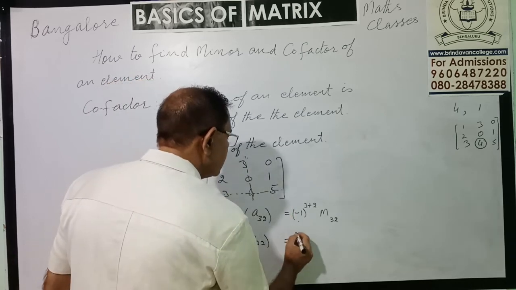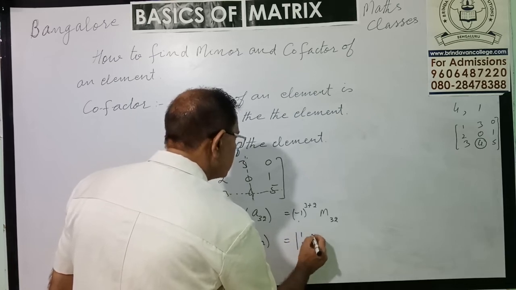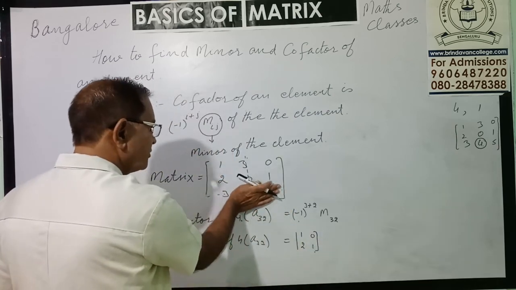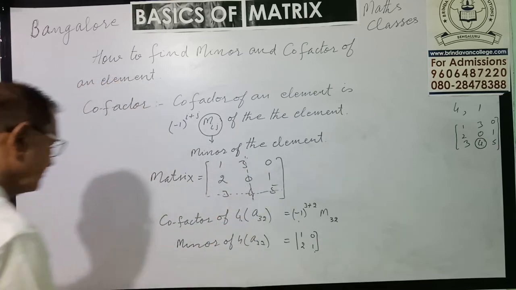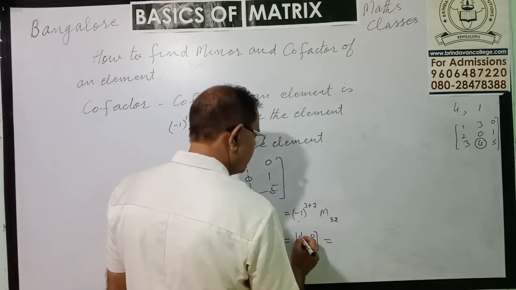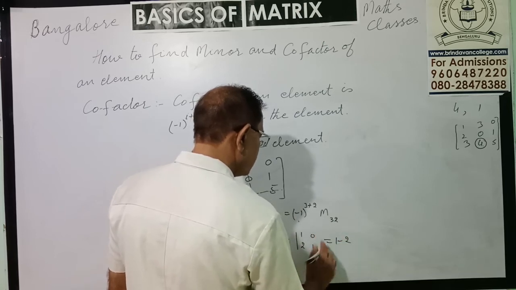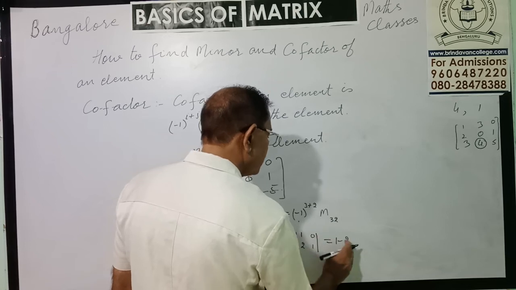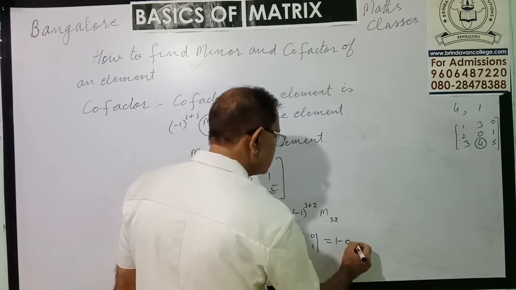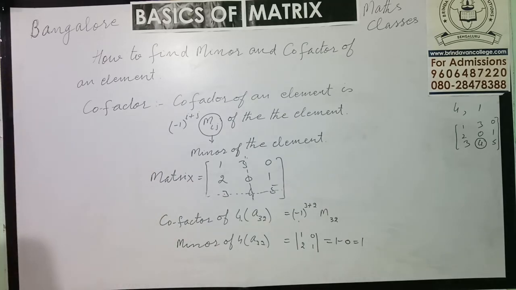Thus it will come out to be the determinant of 1 2 0 1. So simple it is. That will give you the minor, which will come out to be 1 minus 0. Here 1 into 1 is 1, 0 into 2 is 0, equals 1. So the minor we have got is 1.